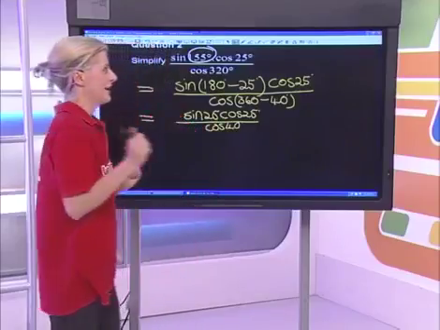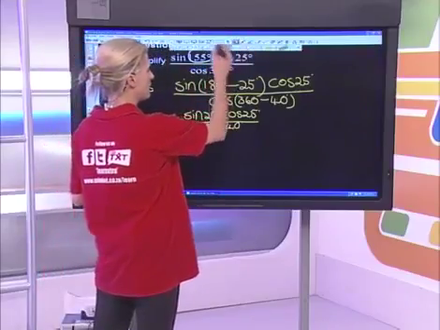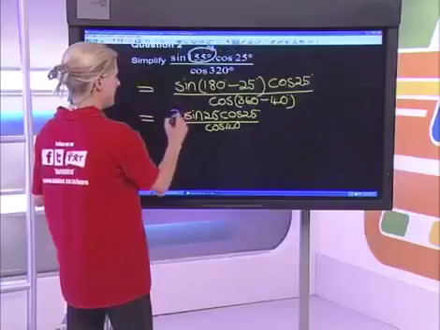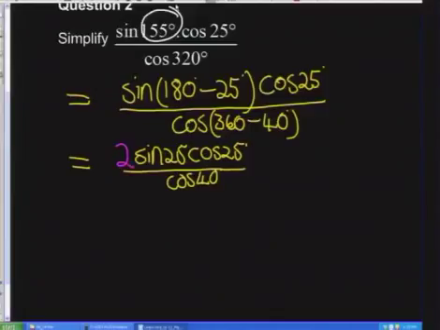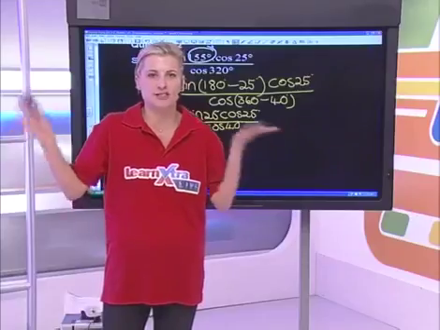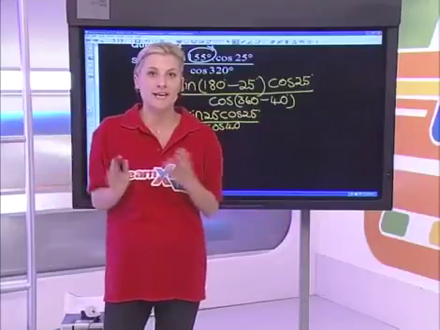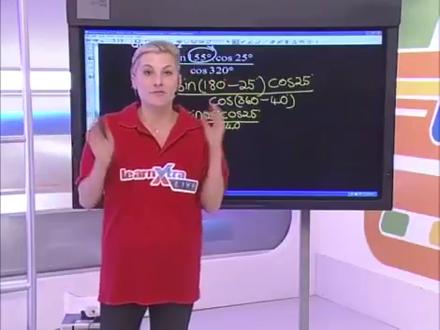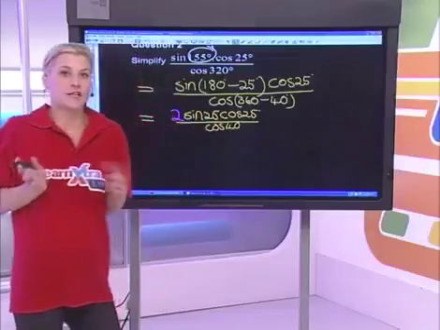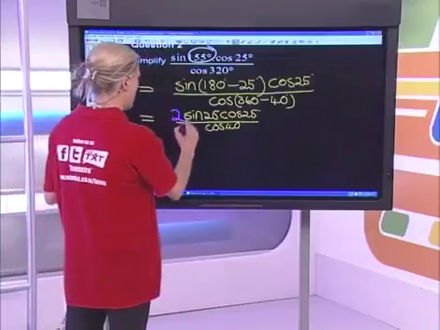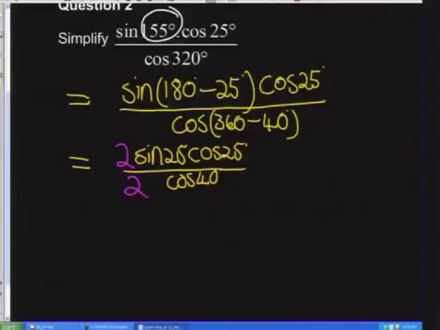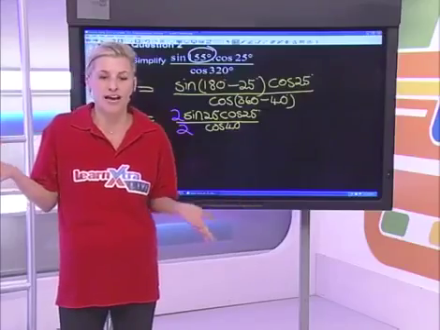Now, guys, there's always a way to make things work for you. I'm going to put a 2 in there. Now, you might say, what is she doing? Has she gone absolutely mad? She can't just put 2s in if that suits her. It's okay for me to put the 2 in as long as I counteract it as well. So if I put a 2 in my numerator and in my denominator, what am I doing other than multiplying by 1?